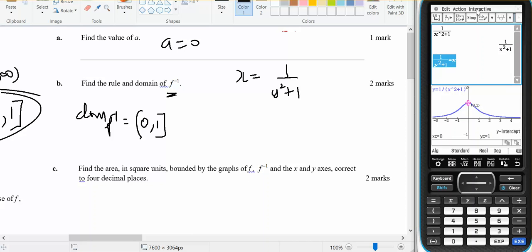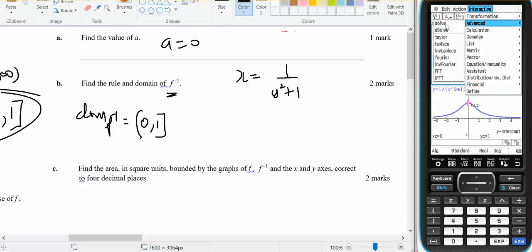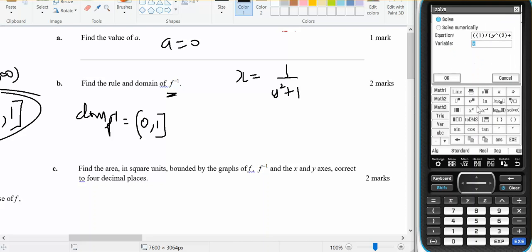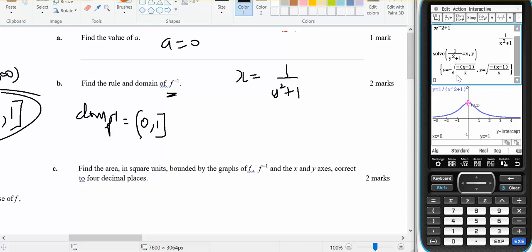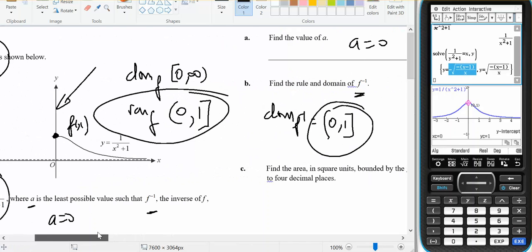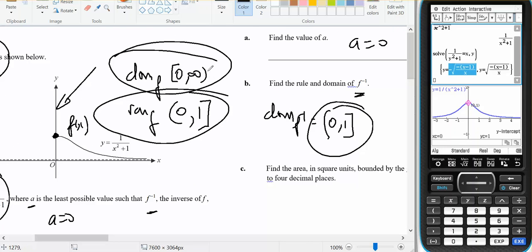And solve for y. Now, do I want the positive or the negative square root? How can I tell? This is going to tell me what I want. I don't want the negative square root because that's going to be a negative answer. Its range will be this, and the range has to be positive.